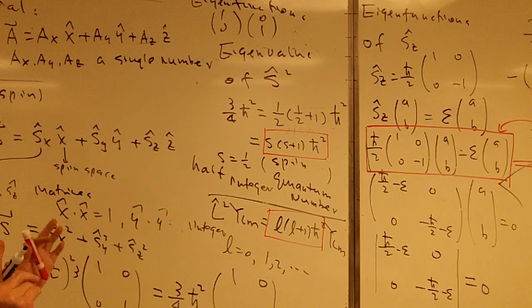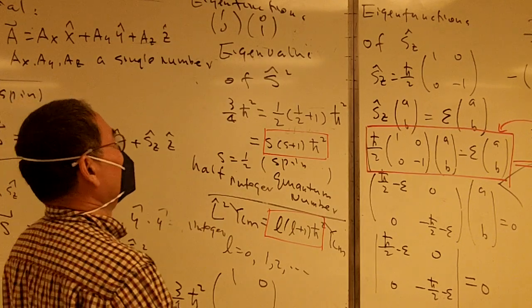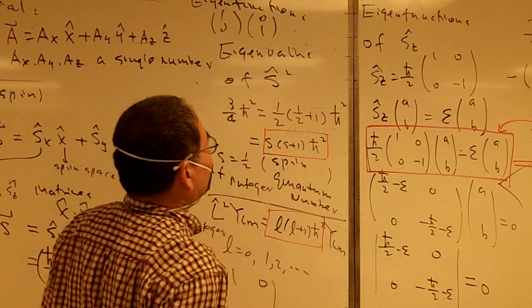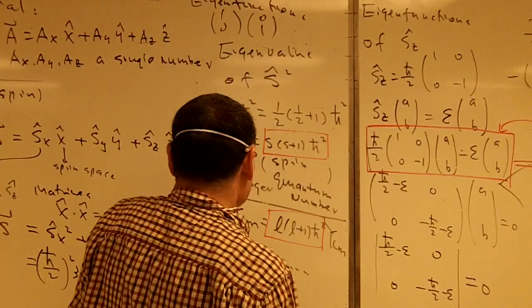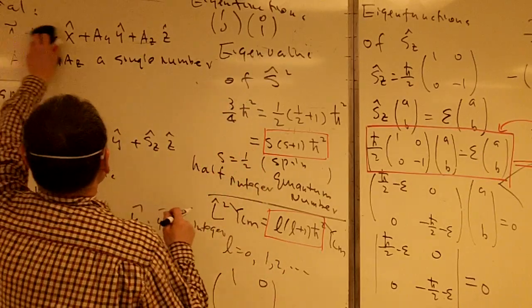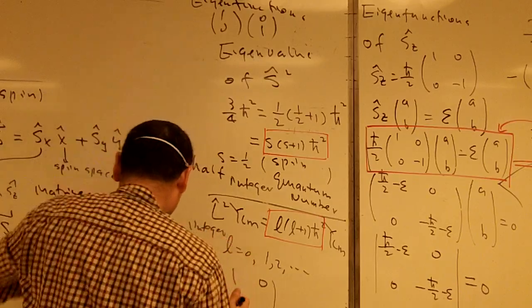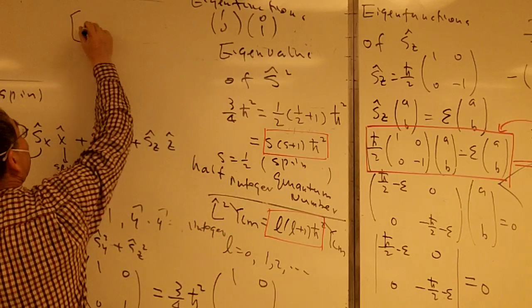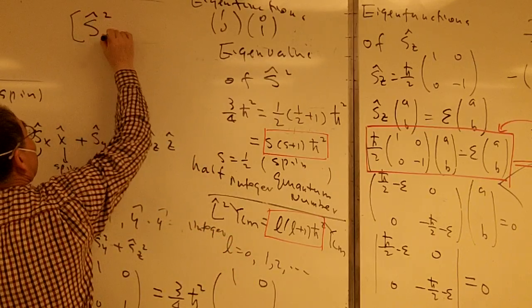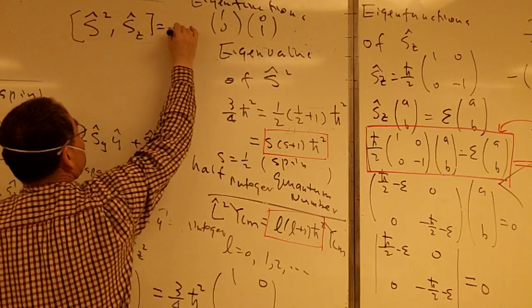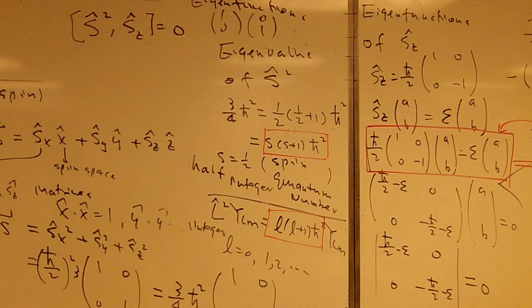Can I just borrow 1 second? It's really important. We showed you they have exactly the same eigenfunctions. The main reason is because these two commute with respect to each other.